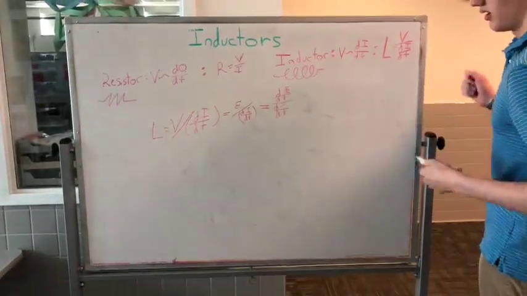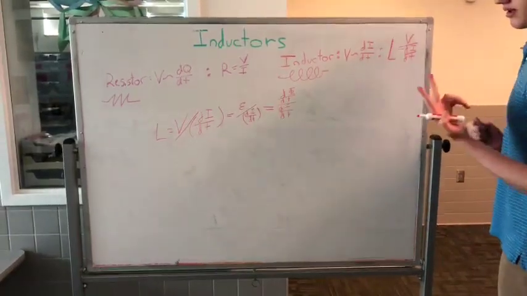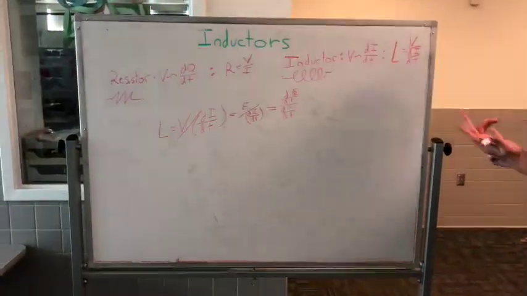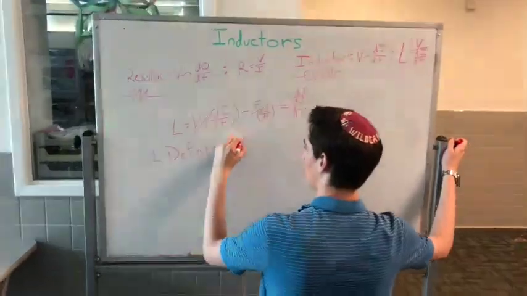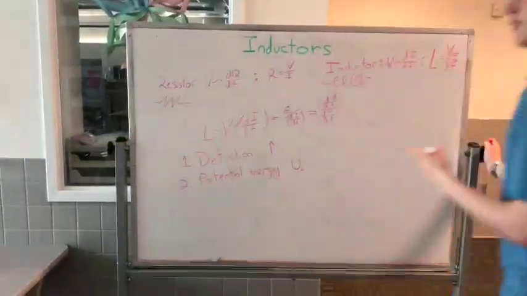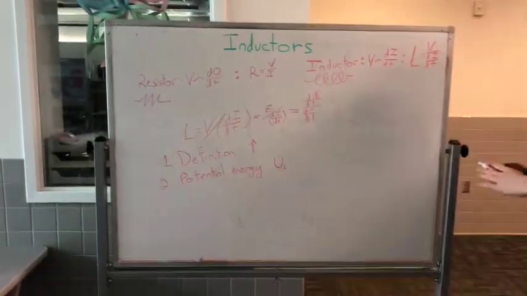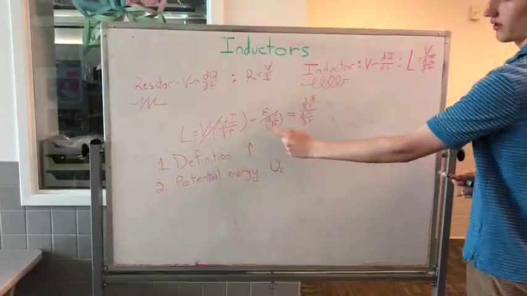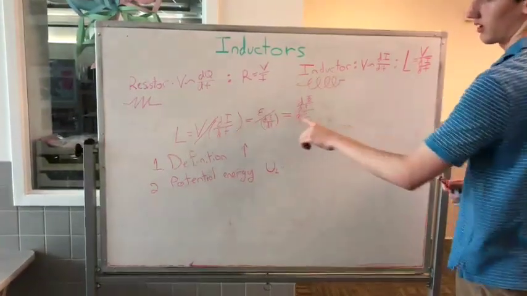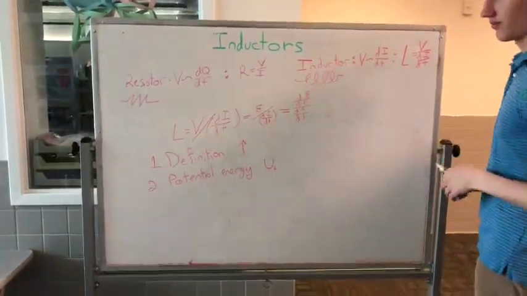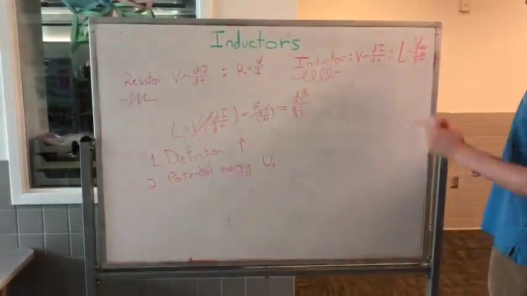And there are basically only two equations that you'll need to know for inductance. The first equation is just the definition of how you calculate inductance for an inductor, and that's what we talk about here and here.